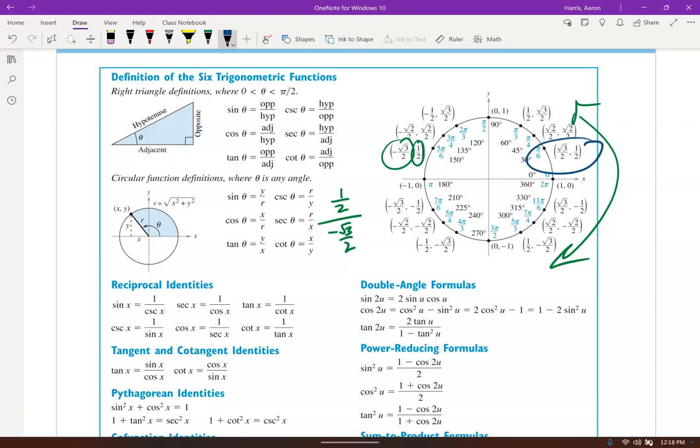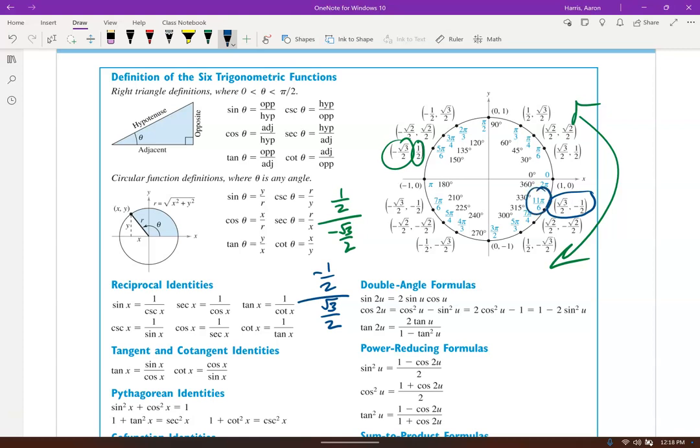I don't want to use that one because that's positive. Remember, this one is a positive over a negative, which will give us an overall negative. So I want to use this one. This will give us the same ratio: positive over negative, same as a negative over positive.